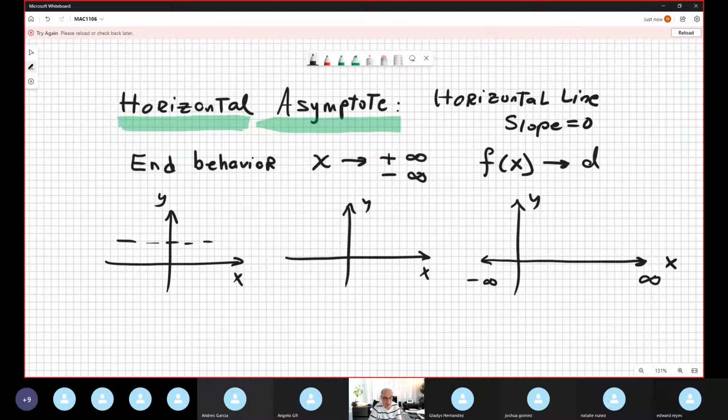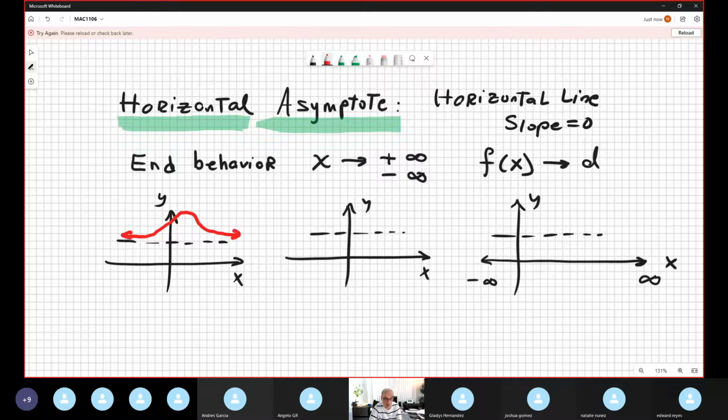Do you see the difference from vertical? Vertical is like that, and horizontal is horizontal. And suppose, hypothetically, the function looks like that.